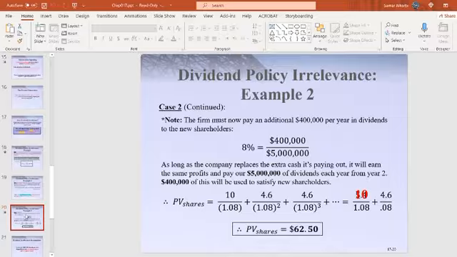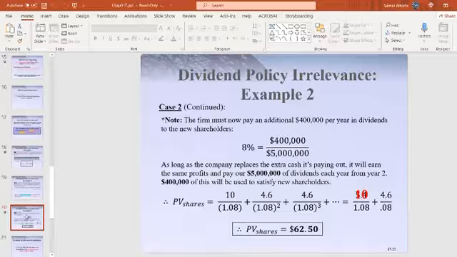Now, how much dividend will have to be given as an additional 400,000? As long as the company replaces the extra cash it's paying out, it will earn the same profits. So of the 5 million each year from year 2, 400,000 will be used to satisfy new shareholders.